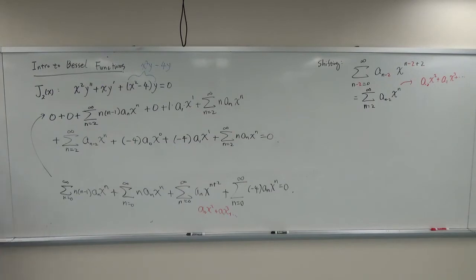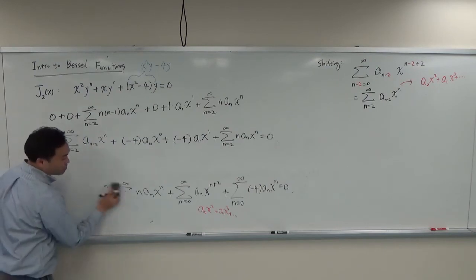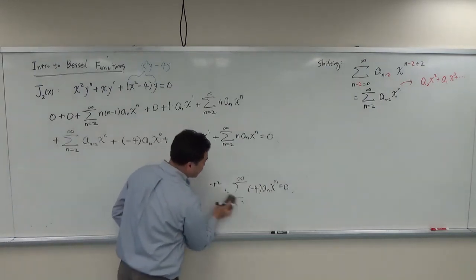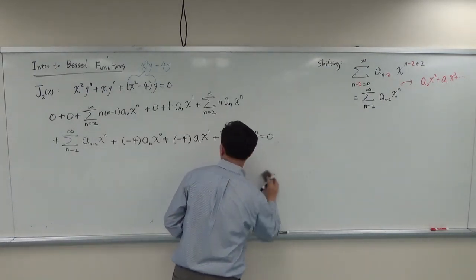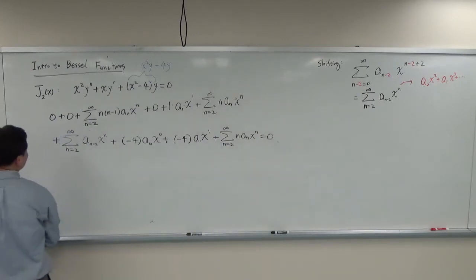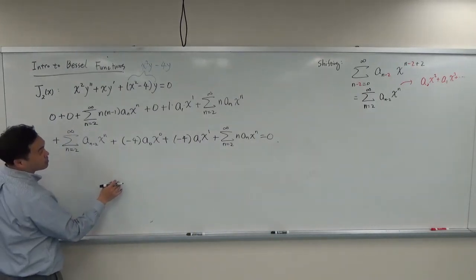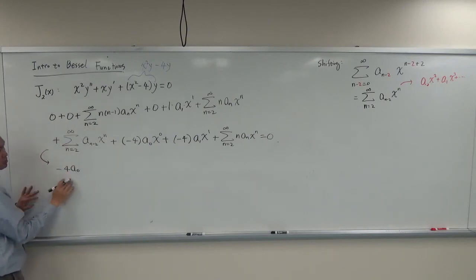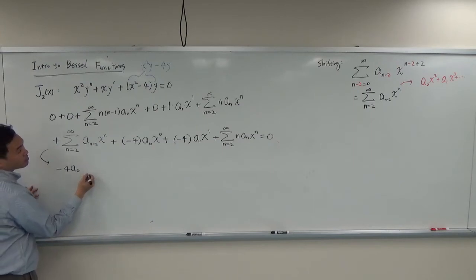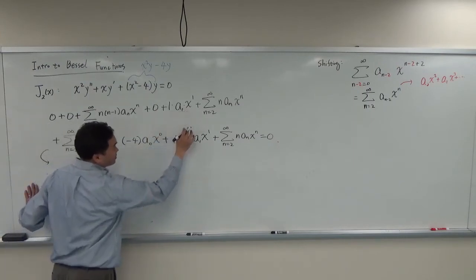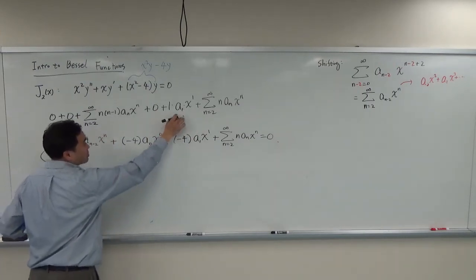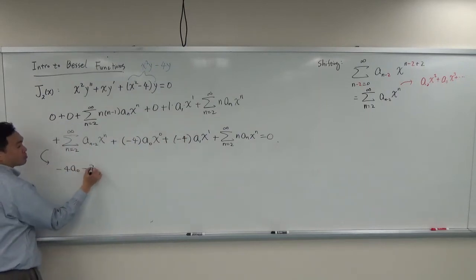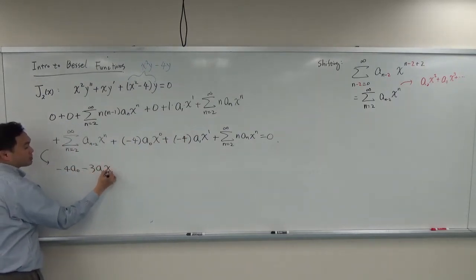Now, this is huge, but because we've managed to match all the beginning n and also x to the n, here's what we can do. I see that this is a constant term, so that's negative 4 a0. And then there's the a1 x and minus 4 a1 x. If you combine, this will be minus 3 a1 x.